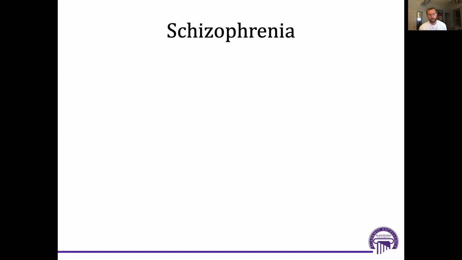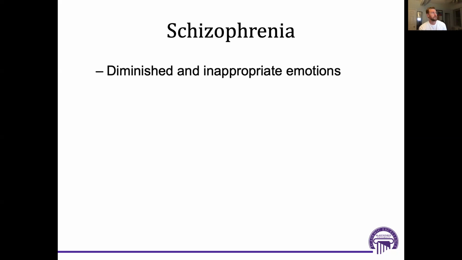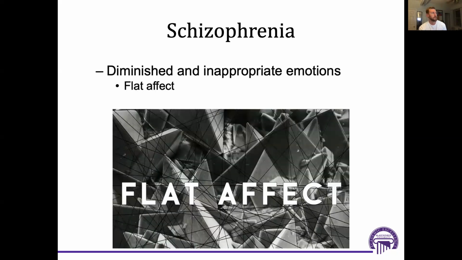Okay. And then finally, diminished or inappropriate emotions. So again, flat affect, so very unemotionally responsive. Sometimes, again, inappropriate emotions. So for instance, if the person were told your parent died, they might start laughing or something like that, right? Not appropriate for the situation.